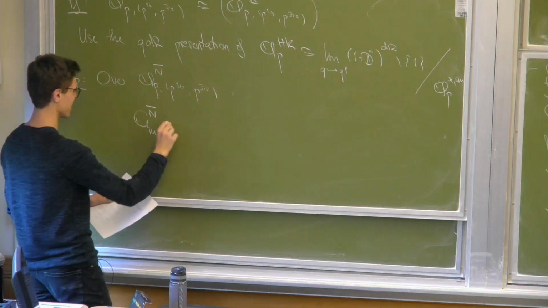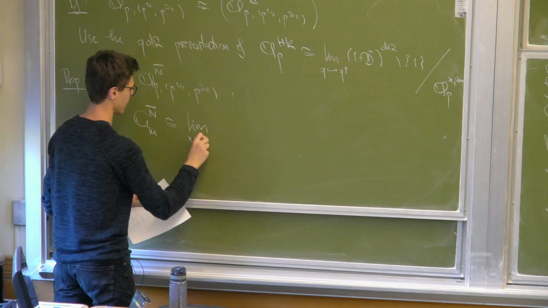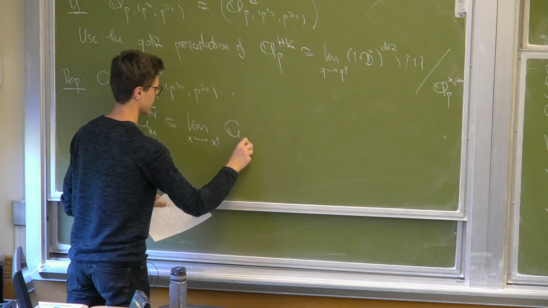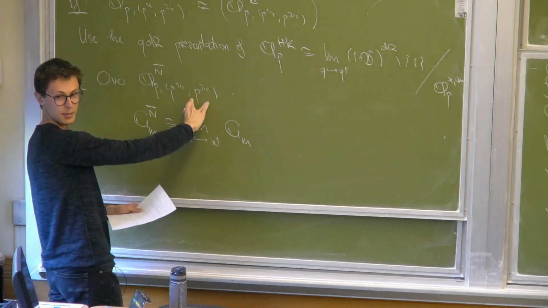So I consider this reduced filtered prismatization of G_m. As with the prismatization, I can write it as a quotient of the perfected G_m over the space.